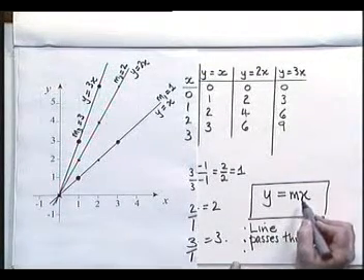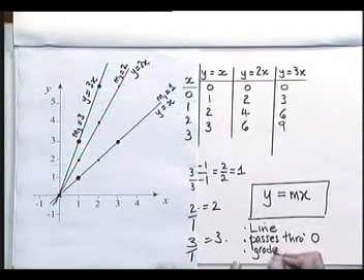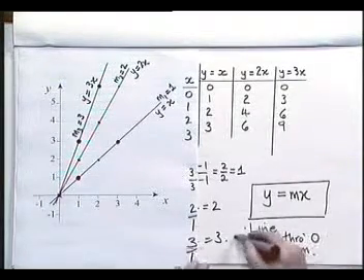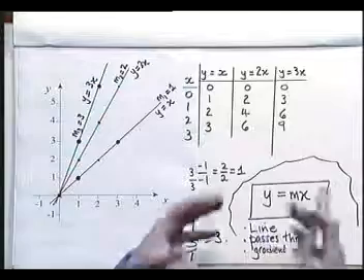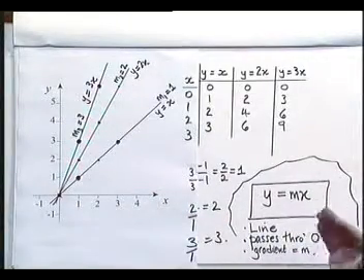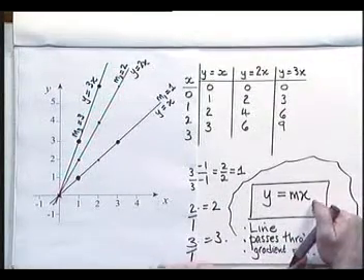The number multiplying the x is the gradient. So that's a very important result. It's well worth remembering that. Whenever you see y is a constant m times x, it'll be a straight line, it'll be passing through the origin, and the gradient will be the number that's multiplying x.